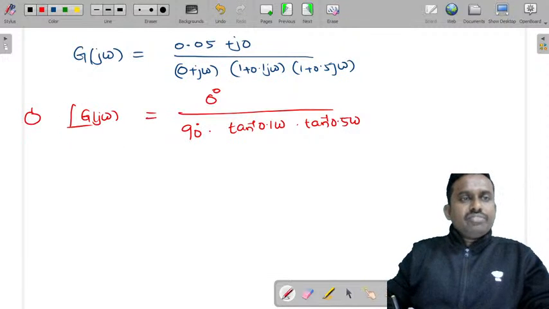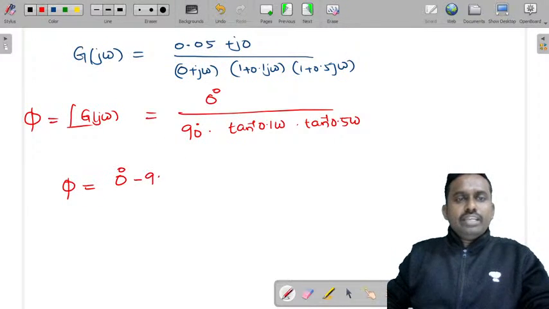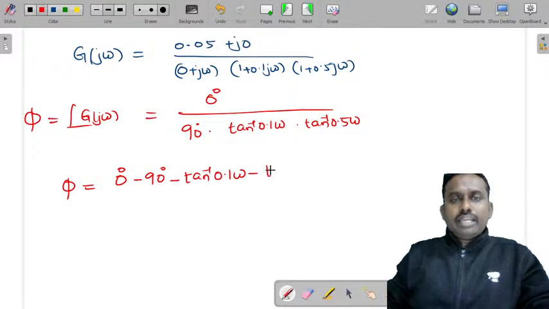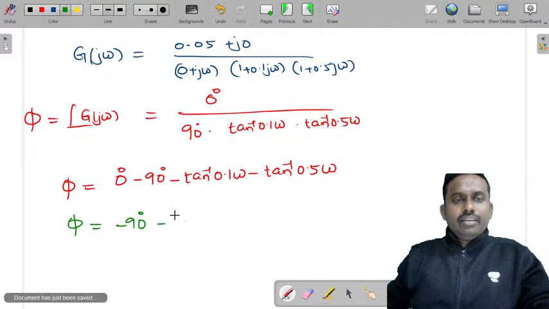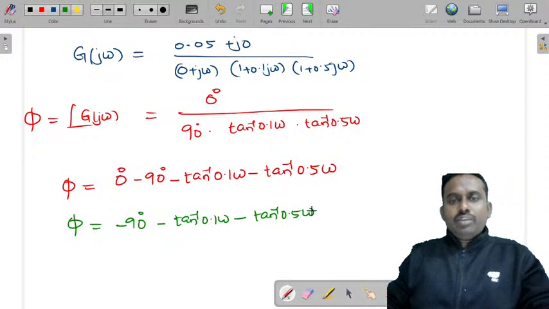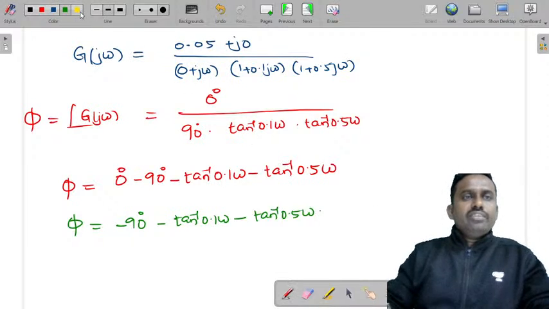I'll call this phi. If I take 90 to the numerator, 0 degrees minus 90 degrees, minus tan inverse 0.1 omega minus tan inverse 0.5 omega. So phi is equal to minus 90 minus tan inverse 0.1 omega minus tan inverse 0.5 omega. So this is the phase angle.